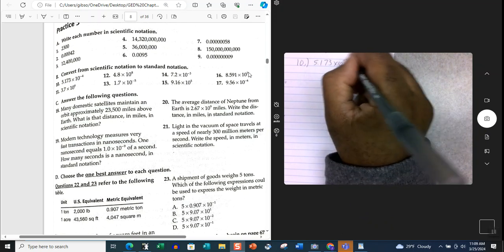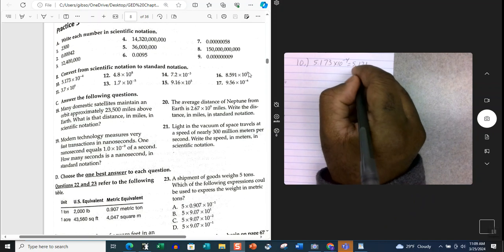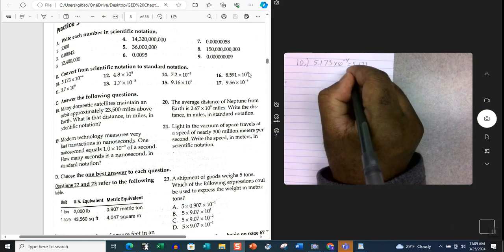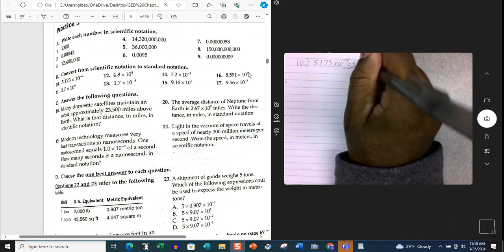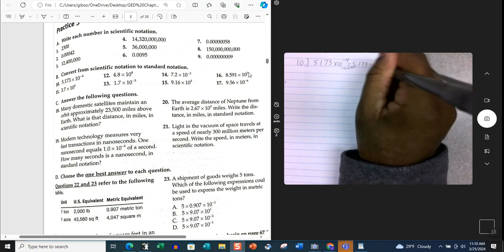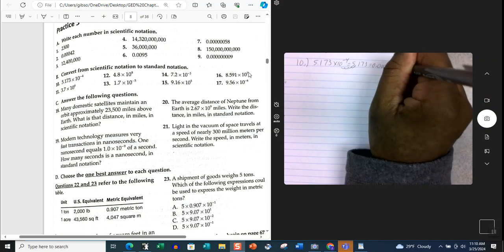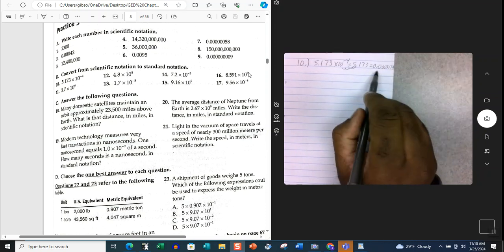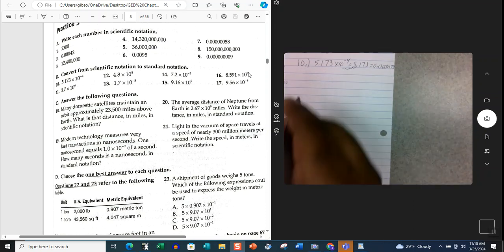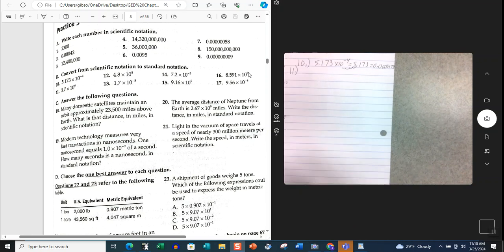I actually didn't give myself enough room, but we move it 4 places. 1, 2, 3, 4 places. So our answer here would be 0.000517 and that is your final answer. But in the next problem, I would definitely give myself enough room.